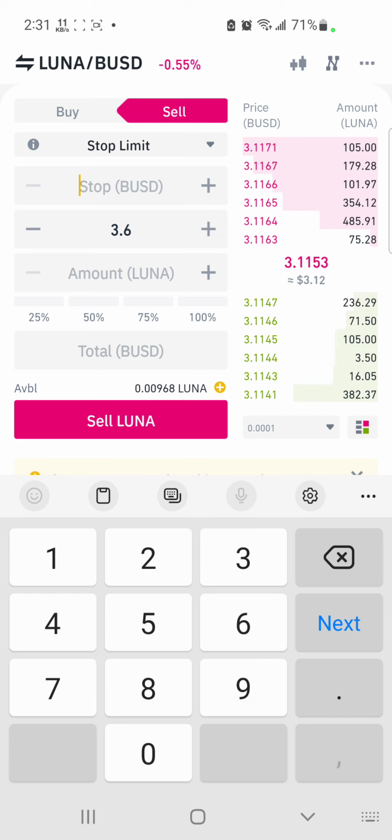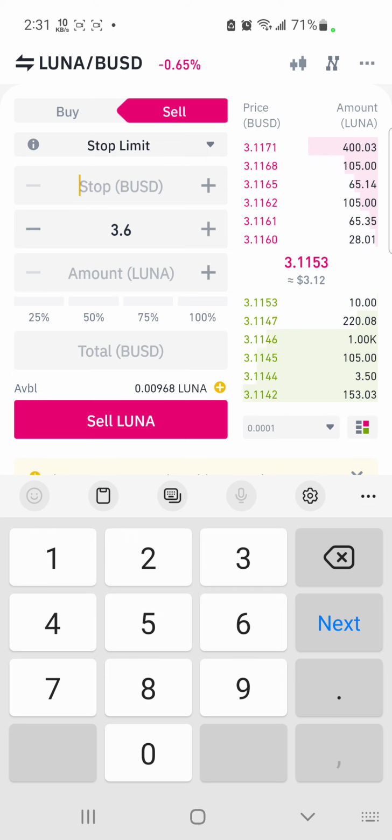As I said earlier, the first price which says stop is your trigger price. This is the price that the market is looking out for. When it sees this price, it says, okay, it needs to go onto the market. Now, the market is basically the order book on Binance where the trades are happening. It's basically who is saying, I want to buy this, I want to sell this.